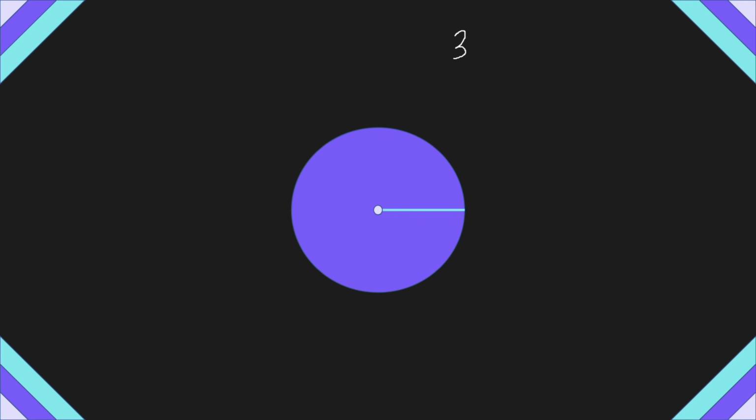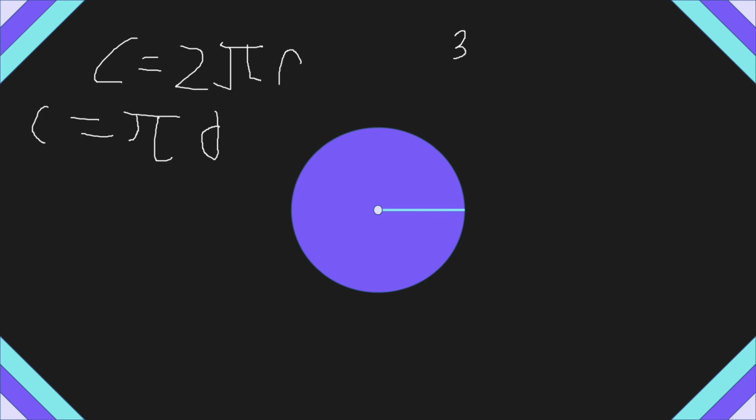Okay, I'll just redraw it really quickly. The circumference is equal to 2 times pi times radius, or the circumference is equal to pi times diameter.